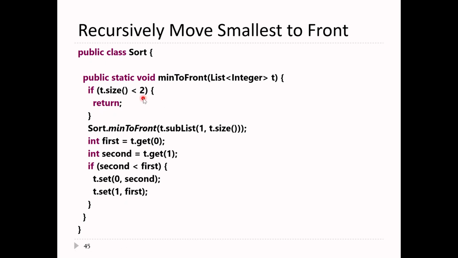If you have a list of size 0, there's nothing to do. There is no smallest element. If you have a list of size 1, there's nothing to do. The smallest element is already at the front of the list. So if the size of the list is less than 2, you're done. You can simply return. And that recursively moves the smallest element in a list to the front of the list.